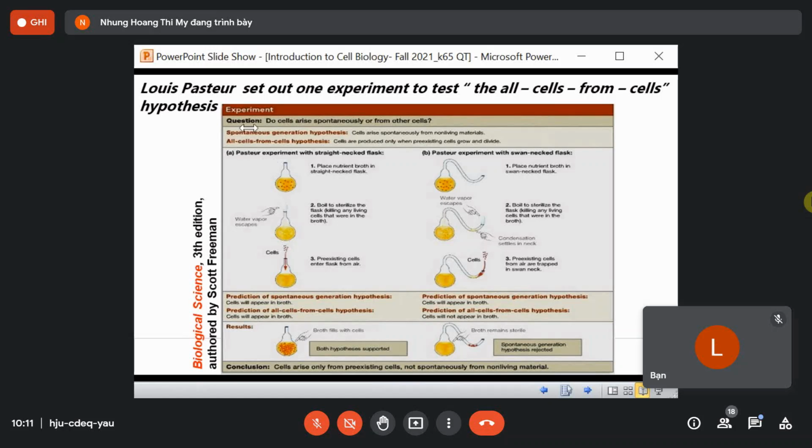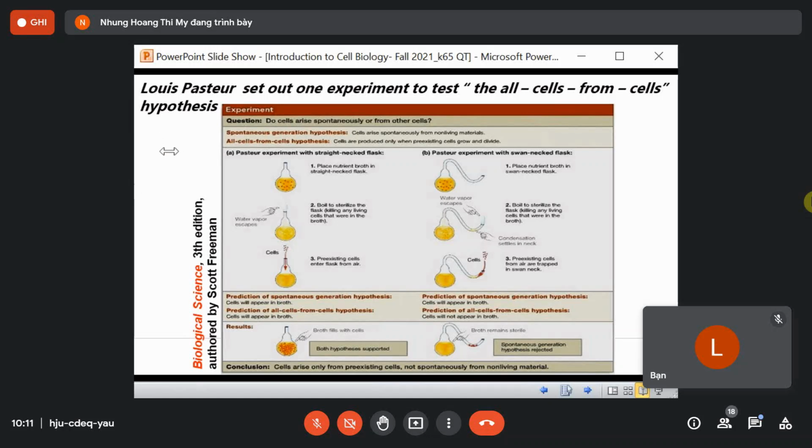So in this case, the question is, do cells arise spontaneously from other cells? That is the question for the experiment of Louis Pasteur. Based on his knowledge and the facts from other scientists, there are two hypotheses. The first one, the spontaneous generation hypothesis, is that cells arise spontaneously from non-living materials, like the life force in the air.